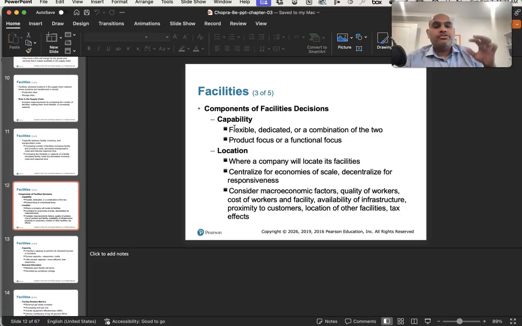And of course, location is very, very important, right? Where is this located? And when you're making decisions of location, that is also very important. So if you are going to build a brand new factory, where should the factory be placed? Because locating a factory is a capital intensive expenditure. You're going to spend a lot of time locating a factory.